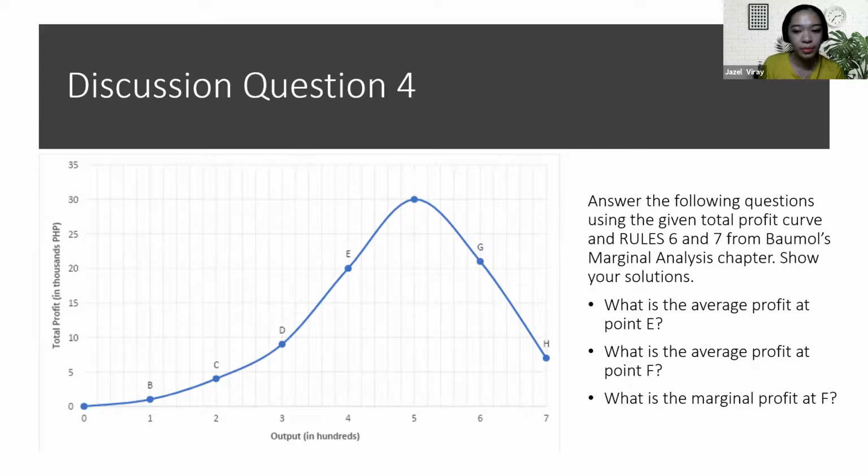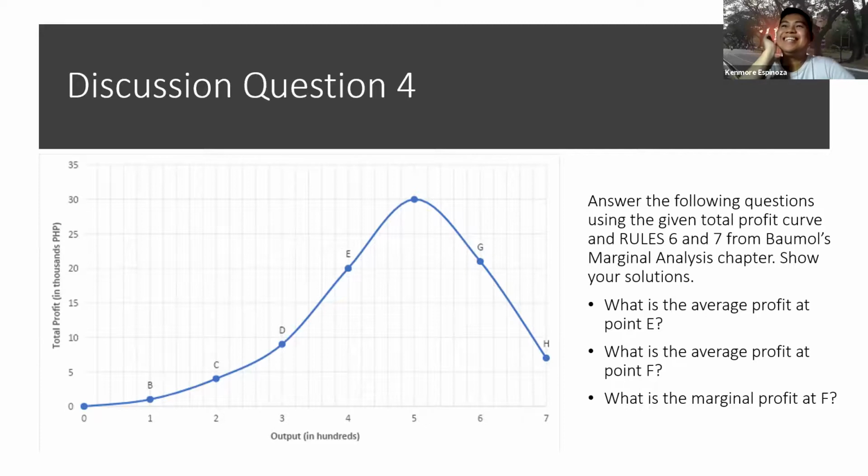The marginal profit is 100. Marginal profit at point F is 100. Any other answers? Thank you.